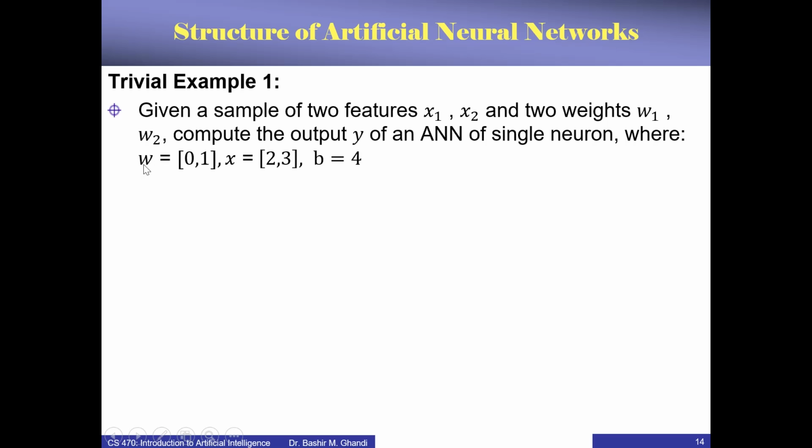So w is given as a vector consisting of 0 for w1 and 1 for w2. Similarly, x is given as a vector where x1 is equal to 2 and x2 is equal to 3. We are also given that the bias b is equal to 4.